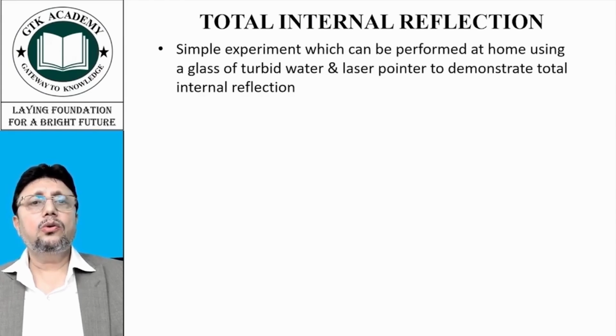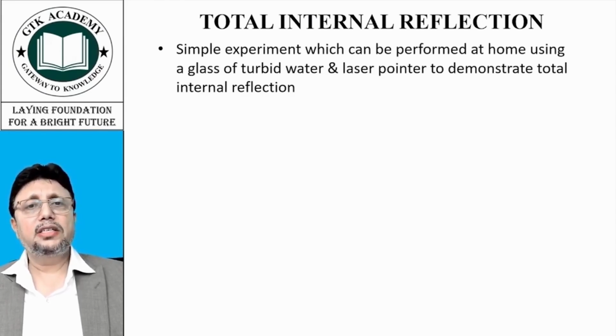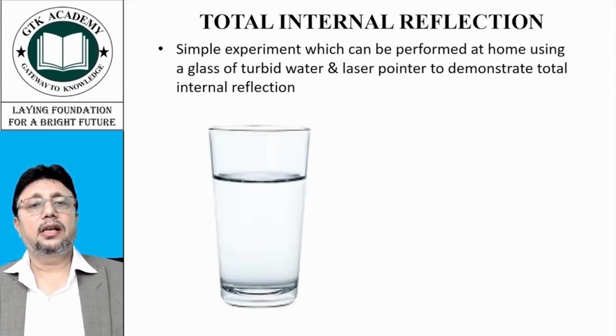Now you can also find the value of critical angle by a simple experiment using a glass of turbid water and a laser pointer, which you can do at home. Like, say this is a glass having turbid water, and we use laser beam here.